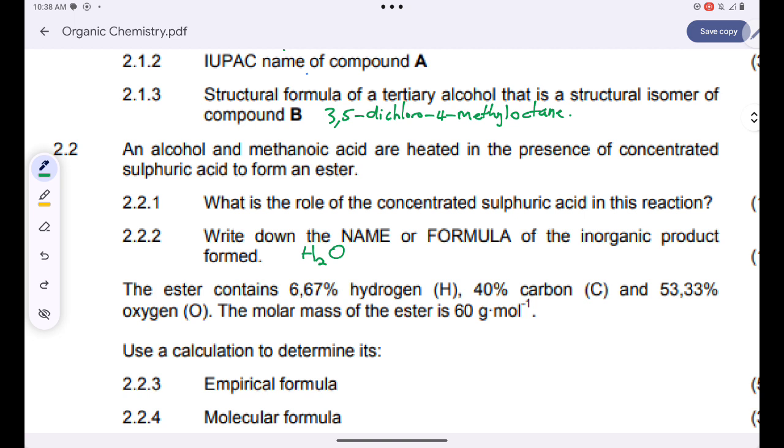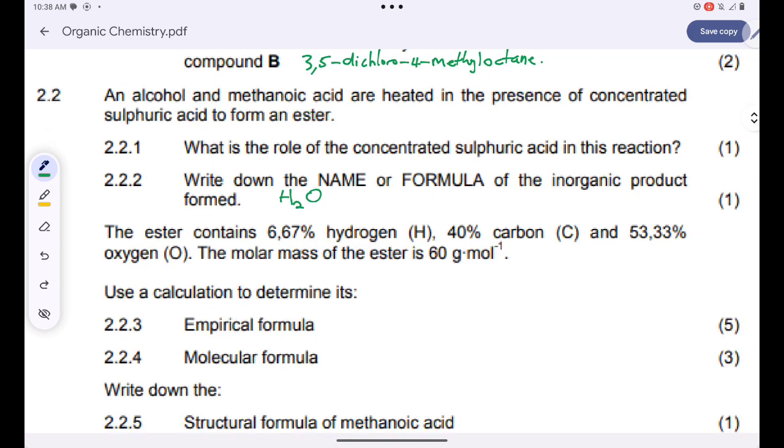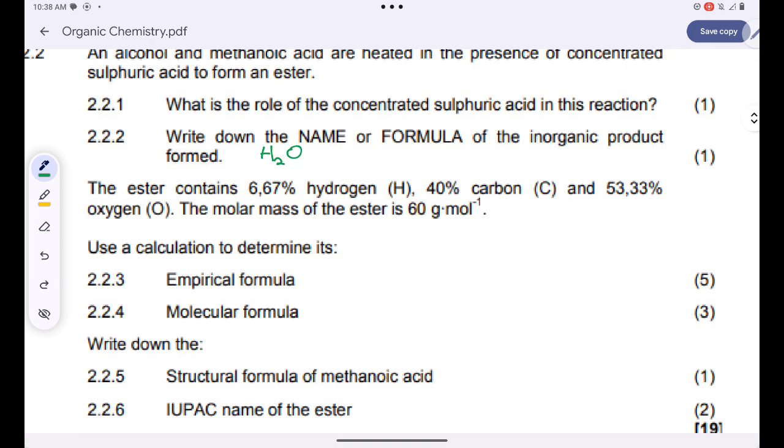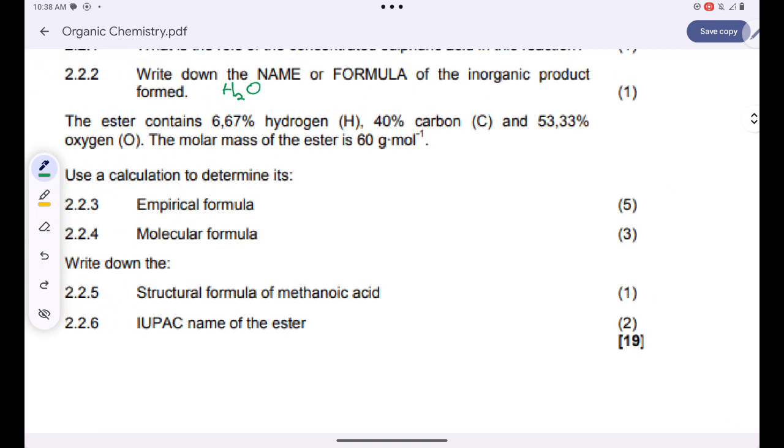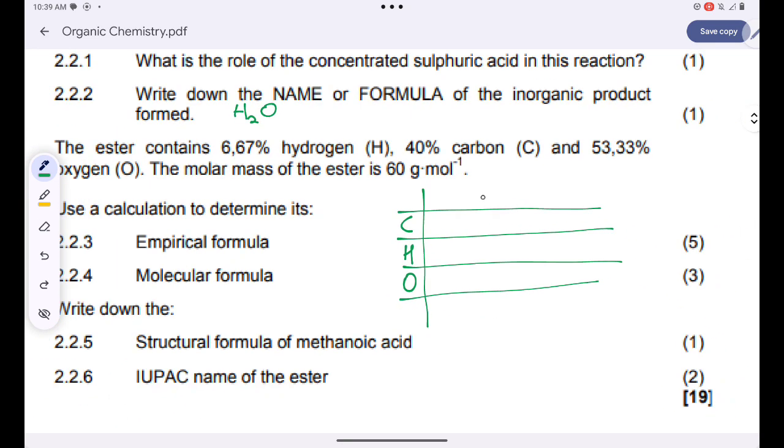Okay, and then now you're told that the ester contains 6.67% of hydrogen, 40% of carbon, and 53% of oxygen. And the molar mass of the ester is 60 grams per mole. They want us to find, firstly, the empirical formula. How can you find the empirical formula? It's quite simple. I have carbon, hydrogen, and oxygen, and I'm told that my hydrogen is 6.67%.